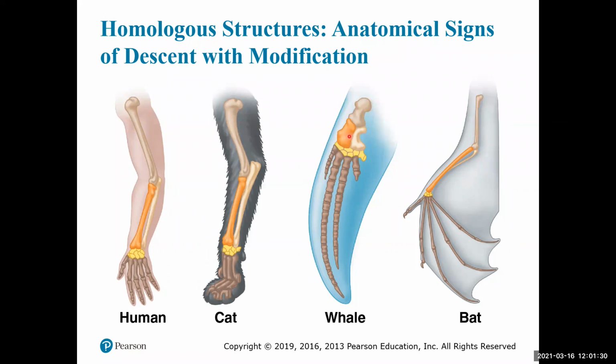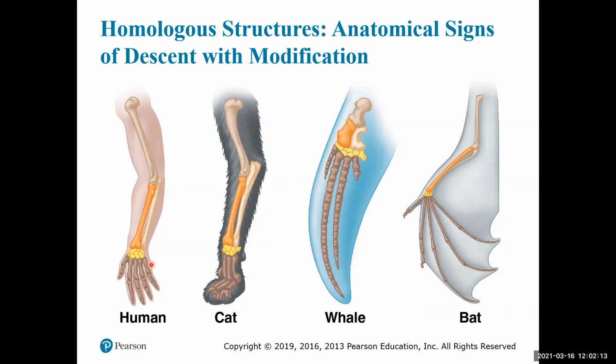So for example, in the whale, the long bones in the arms are shortened, and then the phalanges are considerably lengthened, as well as the digits in the bat wing being lengthened to serve as a flipper or a wing, with attachment points for the membrane in the bat wing, etc. And so it's a similar structure, but it's been modified for flying, for swimming, for walking on all fours, and then for grasping. Right? So a very similar feature, but that feature serves a different function in related organisms.